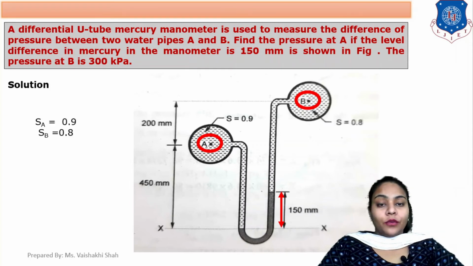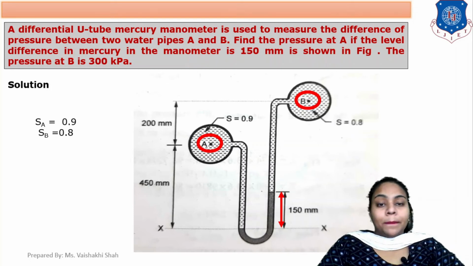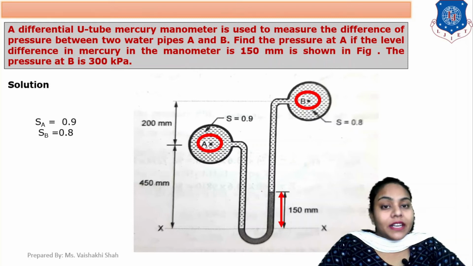This is your pipe A, this is your pipe B, and this is the rise of mercury, which is 150 mm. Now in this data, the fluid in pipe A has specific gravity 0.9 and the fluid in pipe B has specific gravity 0.8. Now by using specific gravity, how can you find the density? Simply multiply specific gravity by 1000.